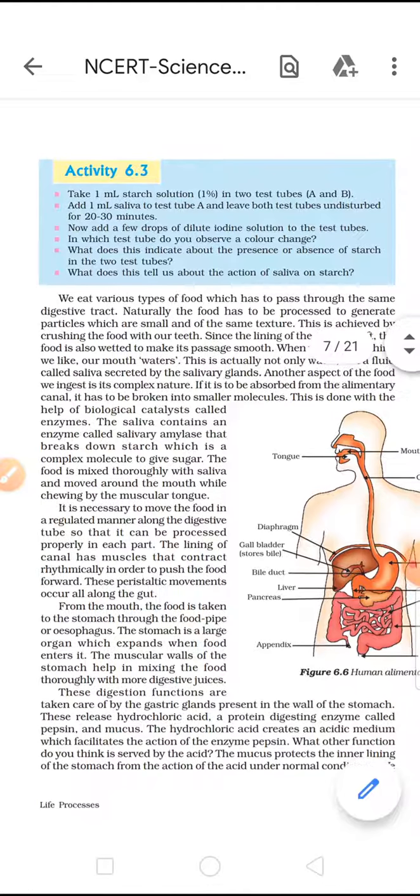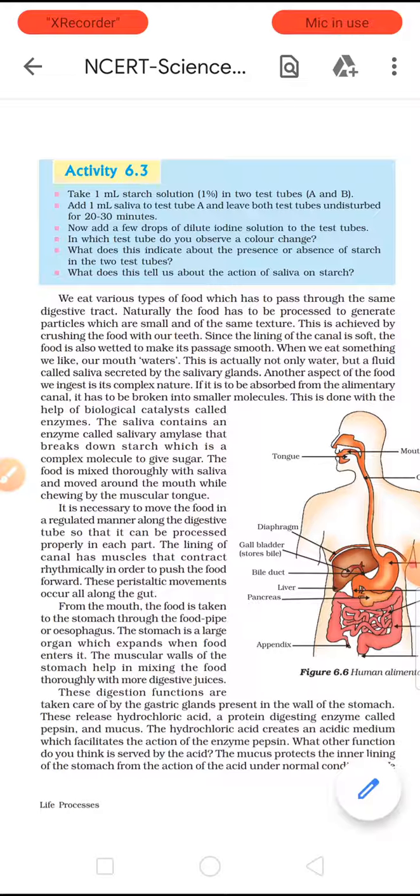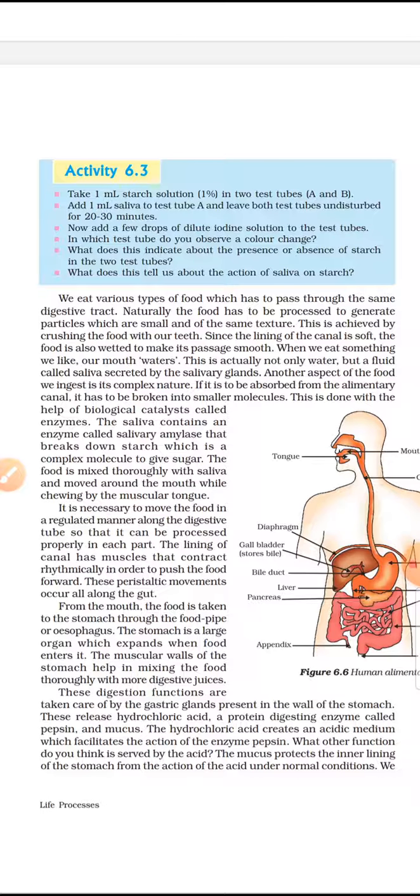So students, make notes and study at home. Tomorrow we'll further see the next important life process, that is respiration. With this I end the topic, that is nutrition in humans.